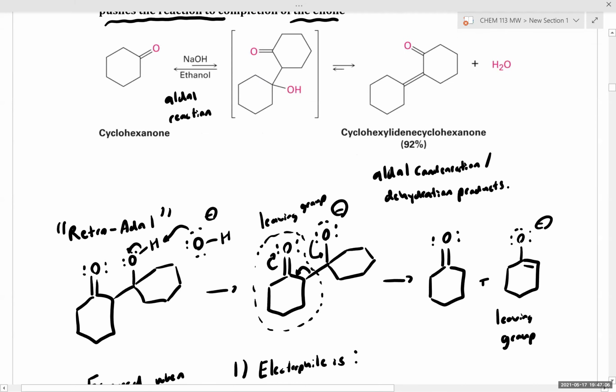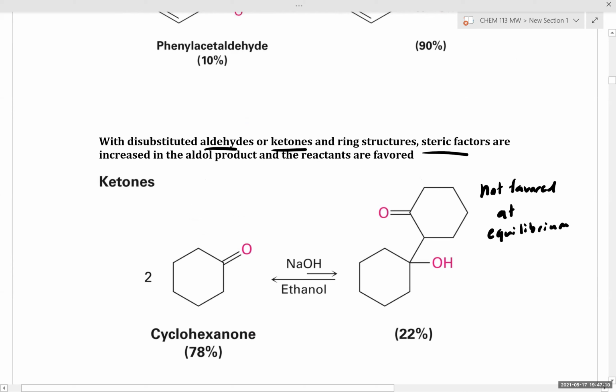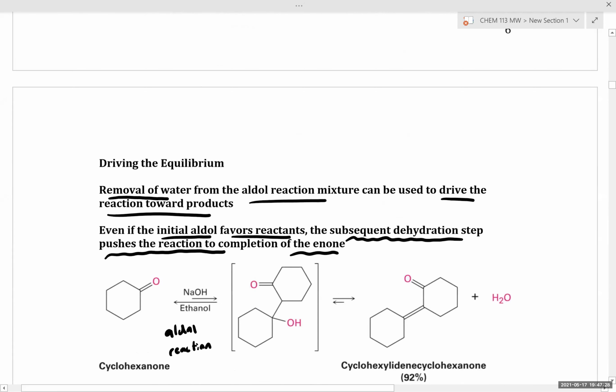So going back to our earlier discussion of the retroaldol process, when is the retroaldol product favored? We saw that when we have substituted, specifically disubstituted aldehydes or ketones, then the retroaldol product is favored. So let's write that down.